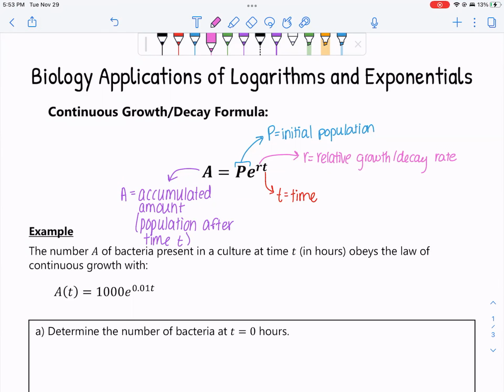If your population is growing, then this number will be positive. So growth means this number is positive. And if your population is decaying, or if you're talking about radioactive decay, as we will in the next section, your R is negative.